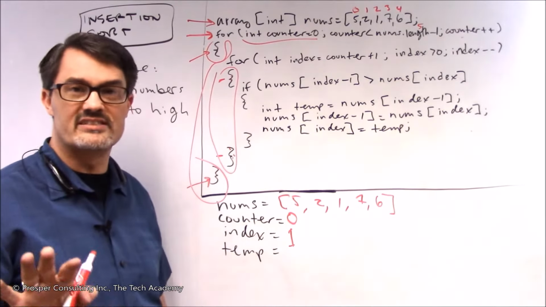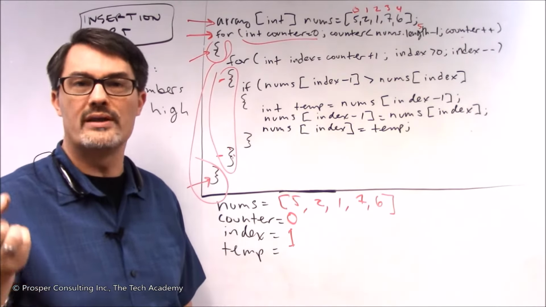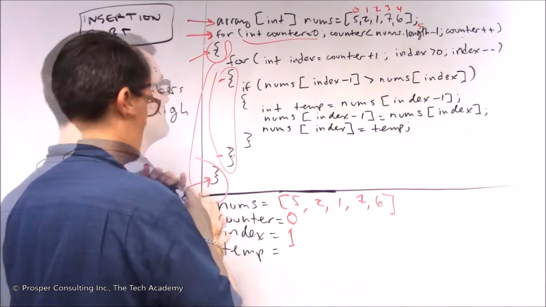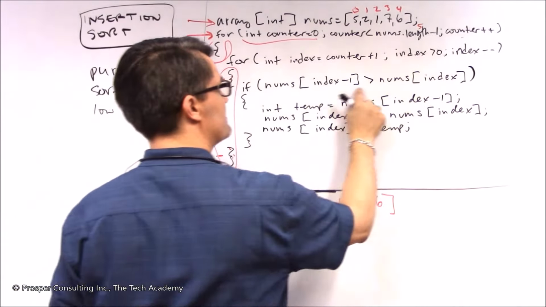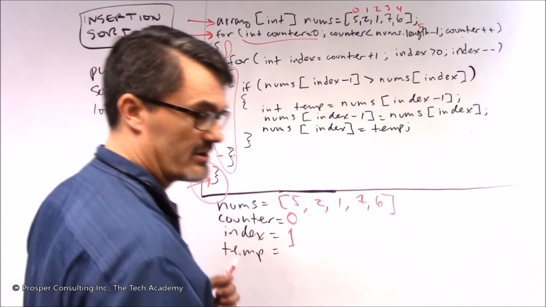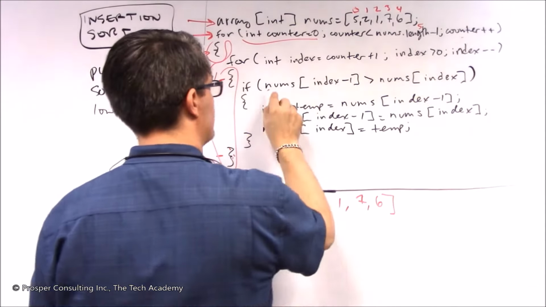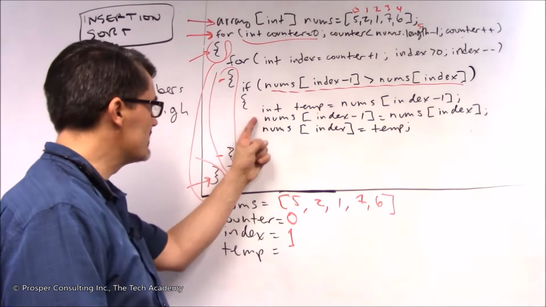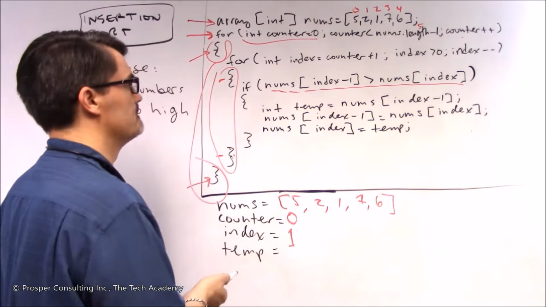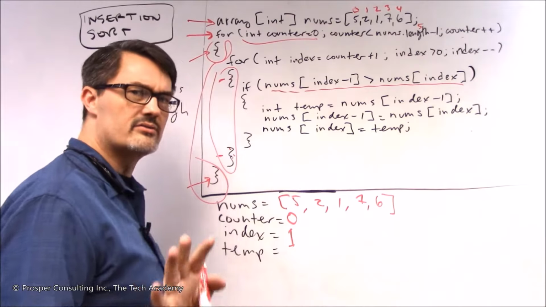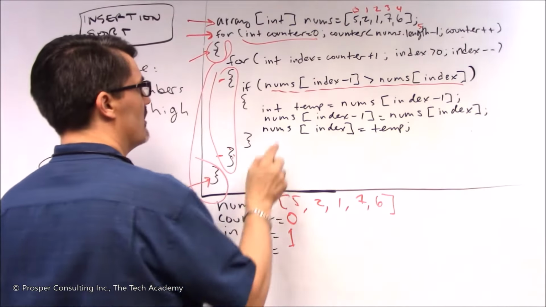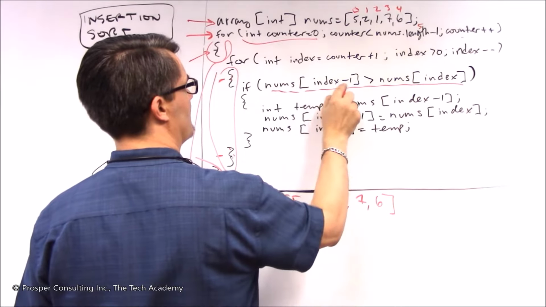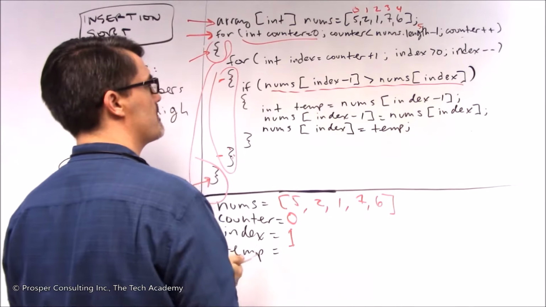Now we get to the decision point about where we insert our values. Check this out. First thing is an if statement. If this whole thing right here evaluates to true, then we're going to do what's inside here. Well, let's look at it. I'm going to take this one little step at a time. This first chunk right here, nums, open bracket, index -1, close bracket.